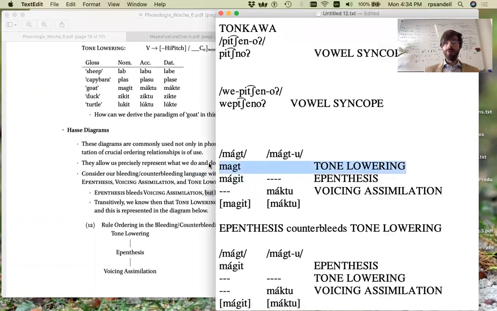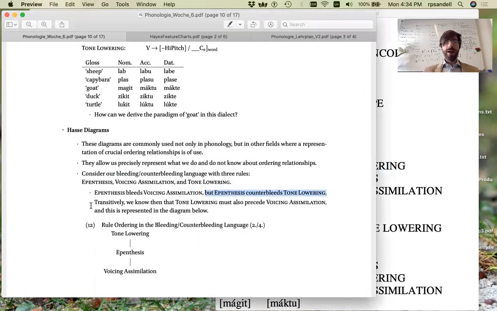Tone lowering is able to apply, even though epenthesis could have removed the conditions for the application of tone lowering. So transitively then, we know that tone lowering has to also precede voicing assimilation. If tone lowering has to precede epenthesis and epenthesis has to precede voicing assimilation, we arrive to this total ordering of the three rules.